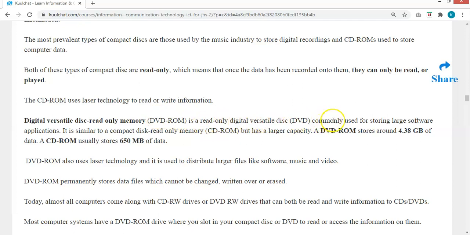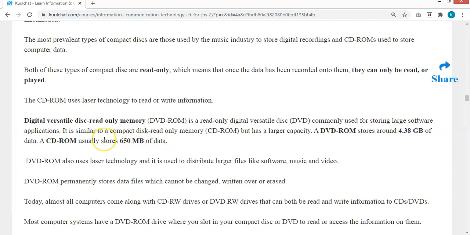The DVD-ROM is commonly used for storing large software applications. It is similar to compact disc read only memory, but has a larger capacity. A DVD-ROM stores around 4.38 gigabytes of data, and the CD usually stores 615 megabytes of data.